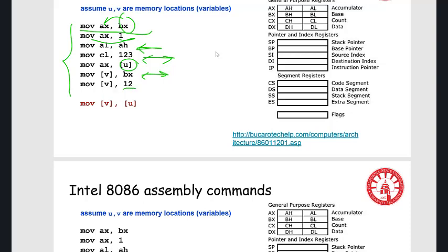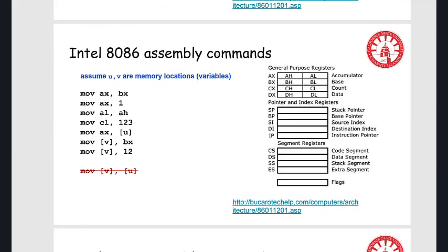Here we move the number 12 into memory location V. Here we have an operation shown in red, meaning that this operation is not permitted in the x86 architecture. The operation says to move the content of U into the location pointed to by V. So two operands cannot both be memory locations.